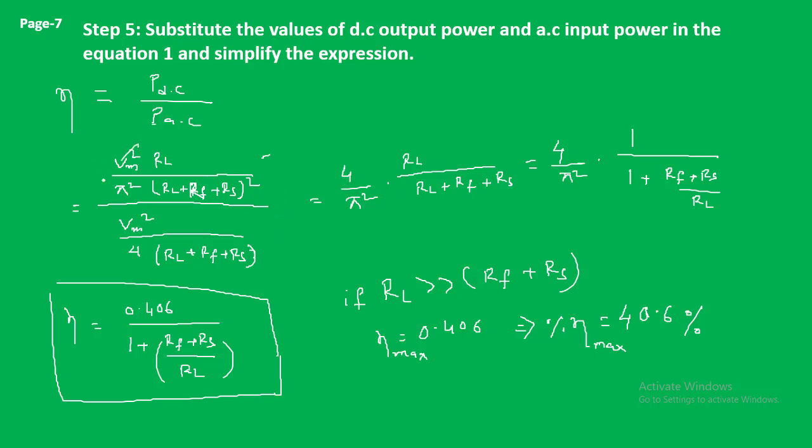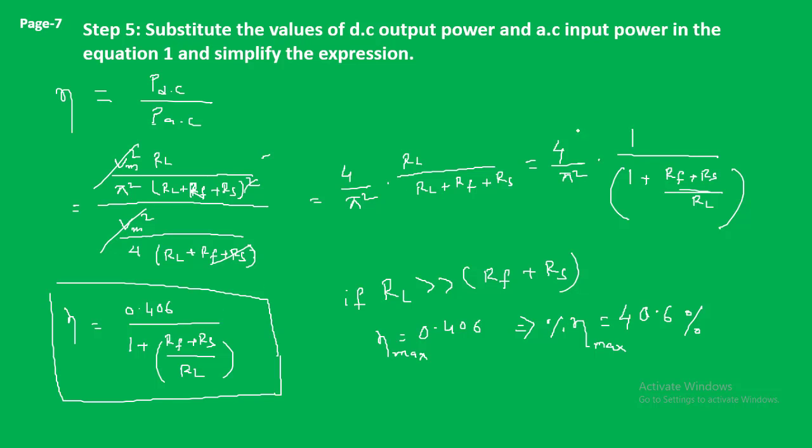Vm square we can cancel out, and the square term and this term we can also cancel. We are left with 4 by pi square into RL divided by RL plus RF plus RS. If we take RL in the denominator, we are left with 1 plus RF plus RS divided by RL.